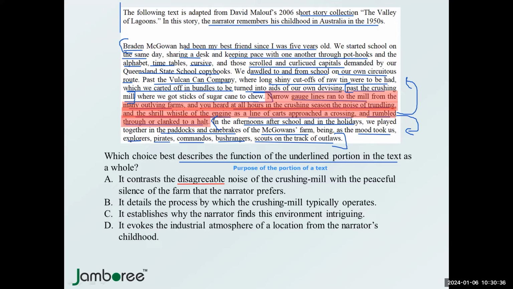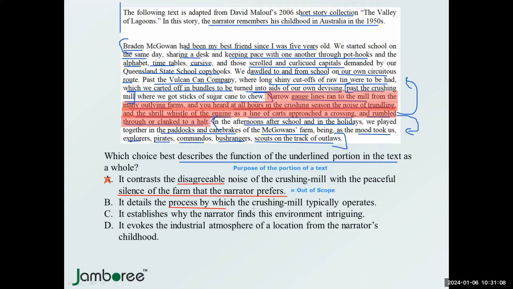It also does not tell that the narrator prefers the silence of the farm. Let us eliminate it. If you have been following Jamboree strategies, what you would know is that this is what we call an out of scope answer, because this is not supported by the scope of the text.